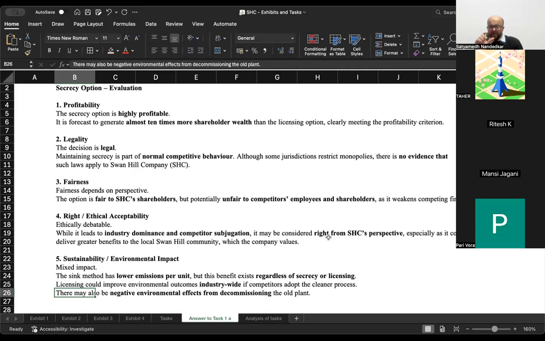If you look at the answer, secrecy option, decision is legal. It depends, fairness depends on perspective. Have we given a one line conclusion कि no, this is fair or no? See, legality can very easily be proven by looking at what the law says. But fairness, as we have rightly pointed out, fair to us but unfair to other employees and shareholders.